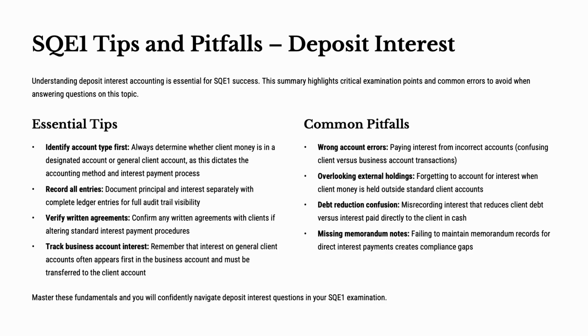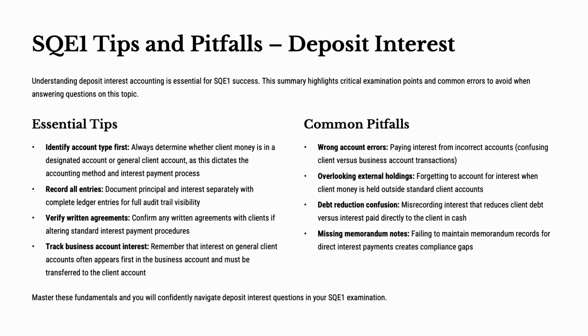So we need to look at a written agreement that can change the interest recording. And we need to track business account interest and where the money is coming from. So a common pitfall is paying interest from incorrect accounts, and it becomes confusing. And overlooking the external holding, forgetting to account for interest when the client money is held outside a standard account and we think that we don't need to pay.